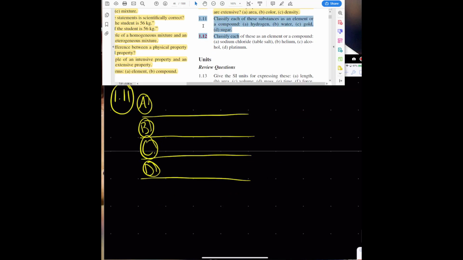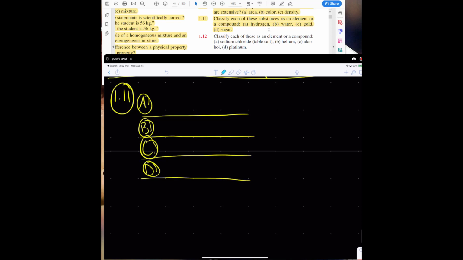1.11. Classify each of these substances as an element or a compound. We have 4 different examples here that we have to answer for. So again, either an element or a compound. Hydrogen, water, gold, or sugar.